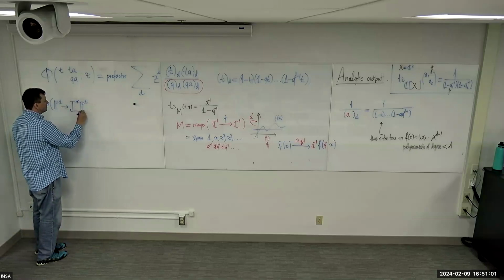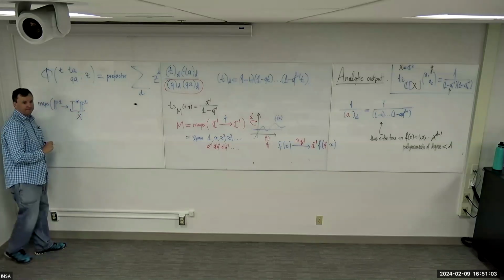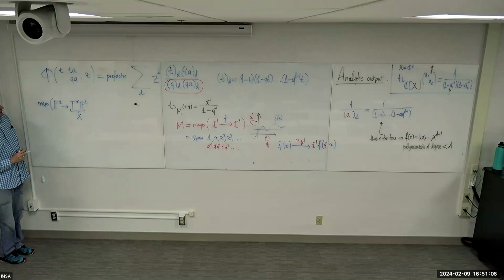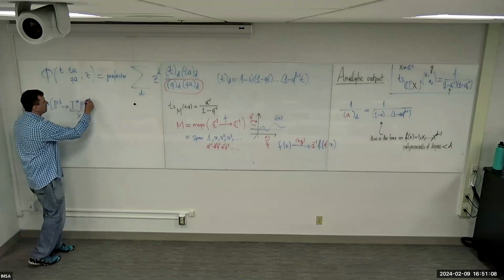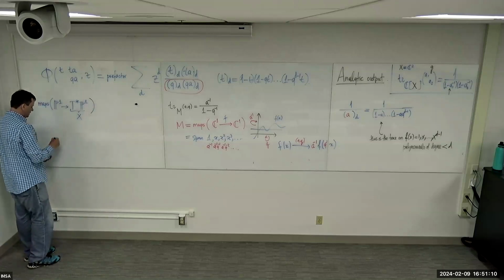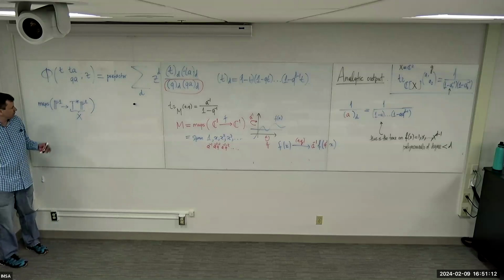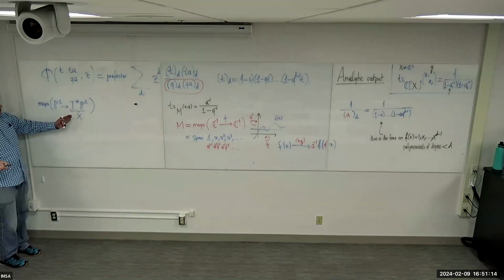So this will be my x. Inside here, I look at the space of maps. First of all, how am I supposed to think of a map like that?